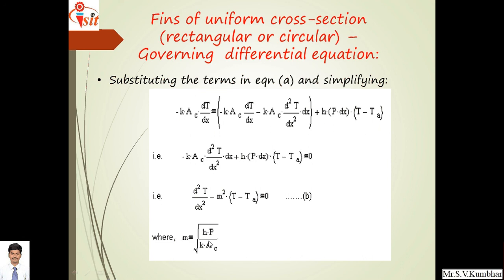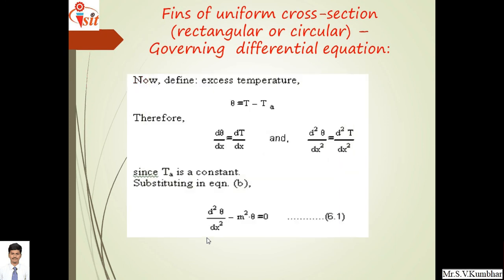h is the convective heat transfer coefficient, P is the perimeter of the fin, K is the thermal conductivity of the fin material, and Ac is the cross sectional area of the fin. Now defining excess temperature, theta is equal to T minus Ta, where T is the temperature of the element and Ta is the temperature of the ambient.